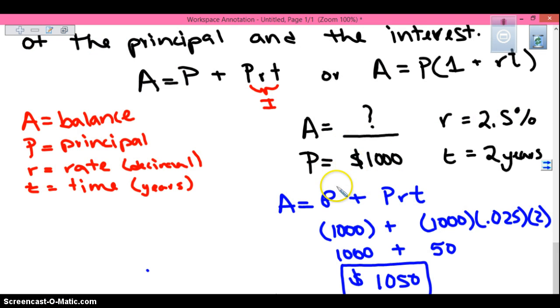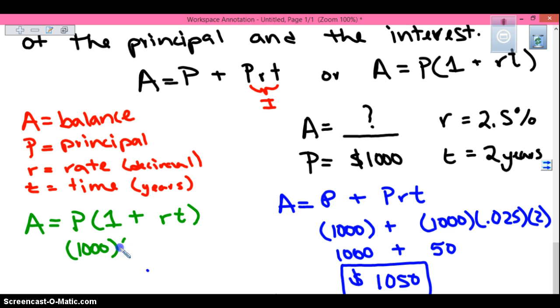If we try working out this same problem with the other formula, balance equals the principal times 1 plus the rate times the time. The principal is 1,000 times 1 plus the rate 0.025 times time, which is 2 years.